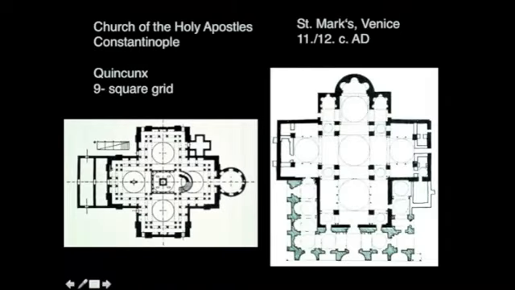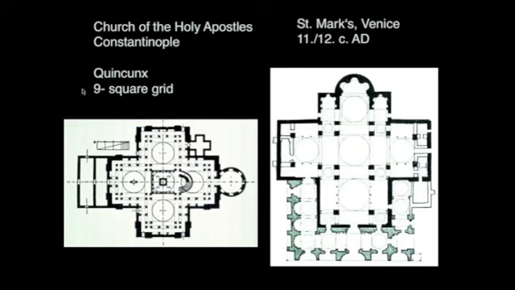So the Greek crosses are centric, and the quincunx in particular has these 5 domes. And this becomes a highly copied model for what a church under the Eastern Empire might look like, or any Byzantine church. And the type is conserved for a long period of time.